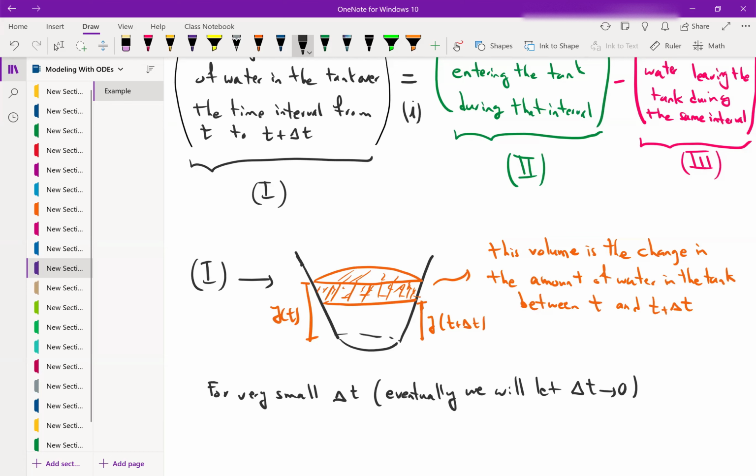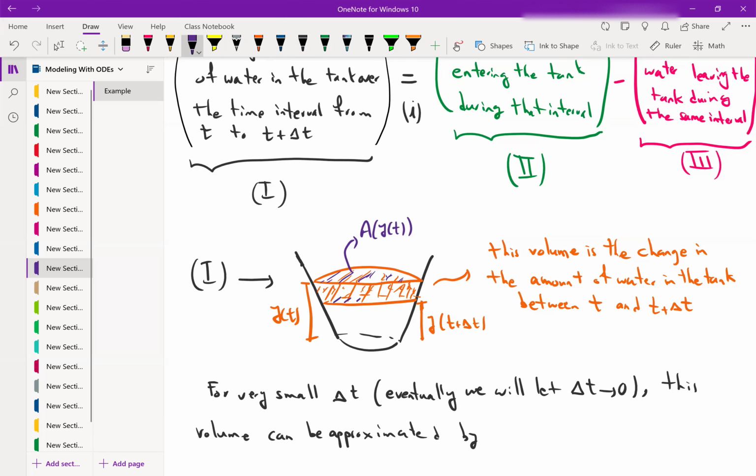This volume, the volume of the shaded region, can be approximated by, so let's think about it. My friends, the cross-sectional area on top, our notation for it was A of y of t. When the water level is y of t, the corresponding cross-sectional area is A of y of t.